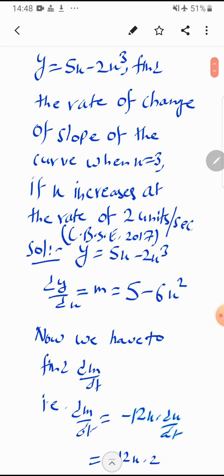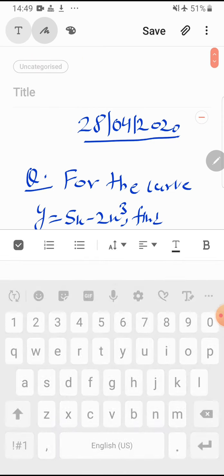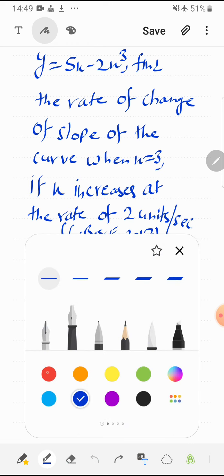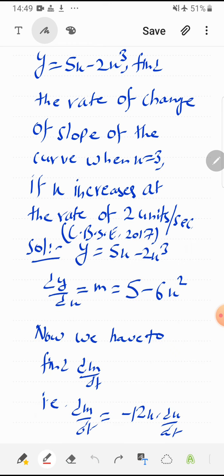So given y equals 5x minus 2x cube, dy by dx is 5 minus 6x square. I am giving this the symbol m because I want to find the rate of change of this m also. Now next we have to find dm by dt.